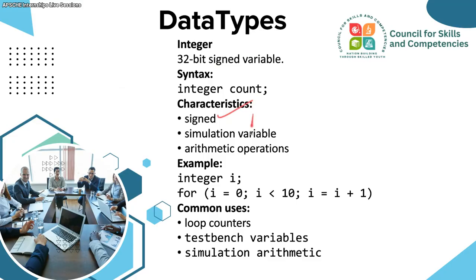It is a signed simulation variable for arithmetic operations. For example, in a for loop, you can use this i and change its value. It is commonly used for loop counters, testbench variables, and simulation arithmetic.